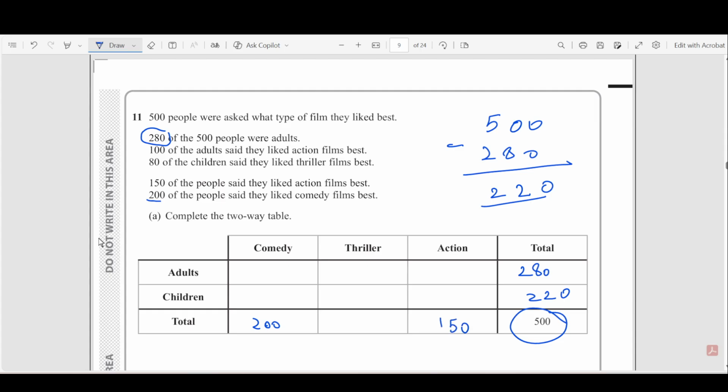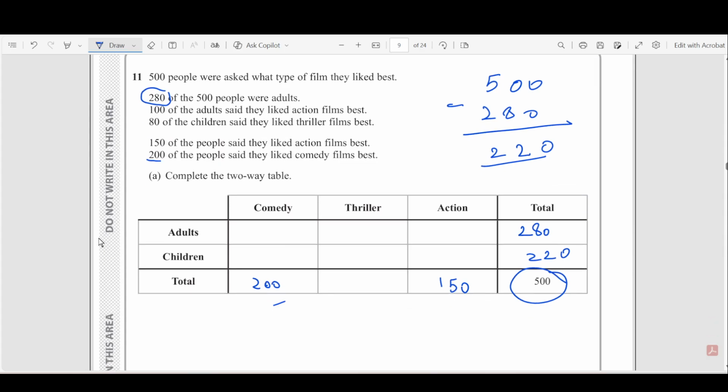And for thriller, we need to calculate this. We have a total of 500 people, out of which 200 like comedy and 150 like action. If we subtract 150 and 200 from 500, we get 150. So that means thriller is liked by 150 people.